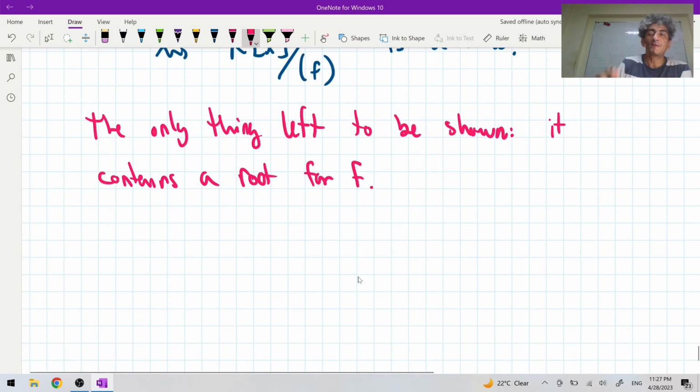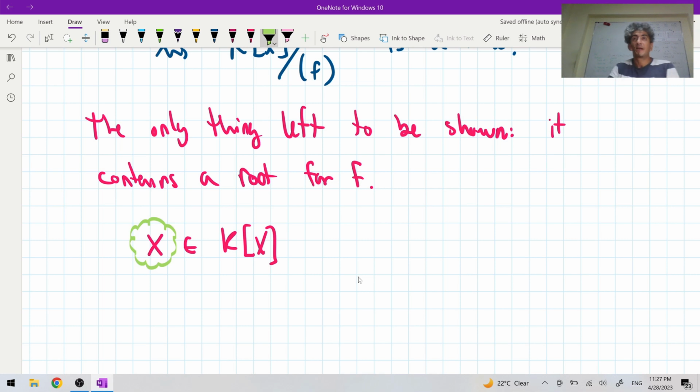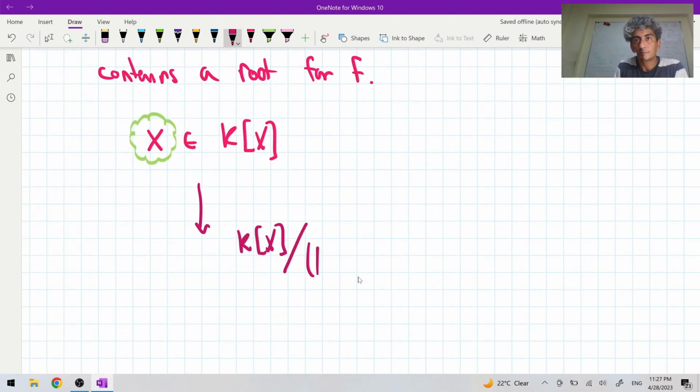And this is not complicated, because you can take x that belongs to K[x], the polynomial consisting just of x, and then you project it to the quotient field, and what you get is the class of x.